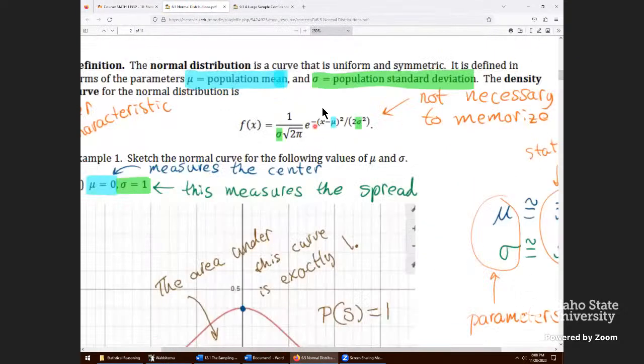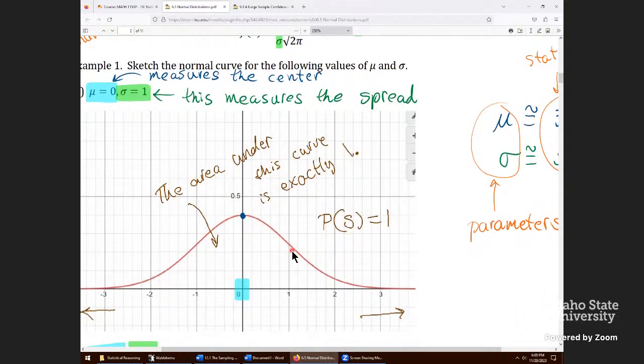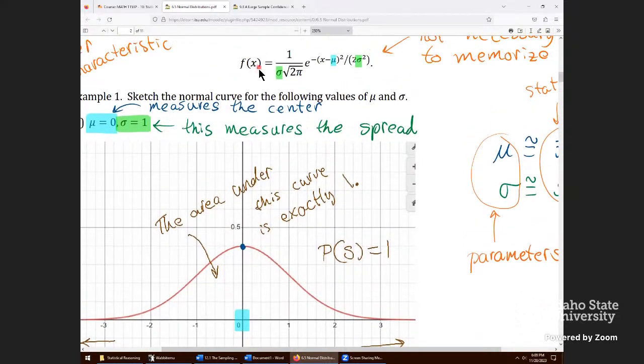There's the equation, and they use this equation to just fit a curve to something that happens in real life. That's just modeling. This is an approximation of reality. It's not exactly reality. You can't say heights are exactly normally distributed. We're just saying somehow this function with the right value of mu and sigma gives us a curve that does a decent job of modeling what's happening in real life.